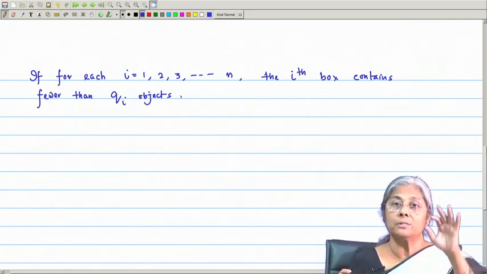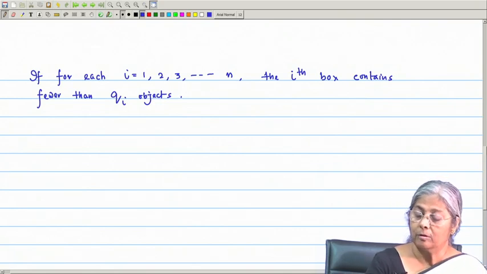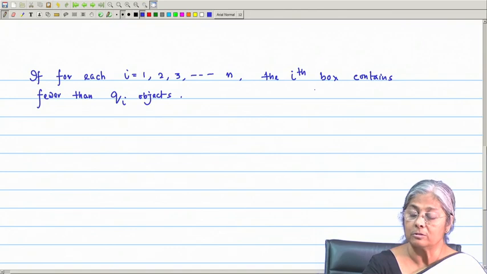That means the distribution is such that each box, say the ith box, gets fewer than qi objects.